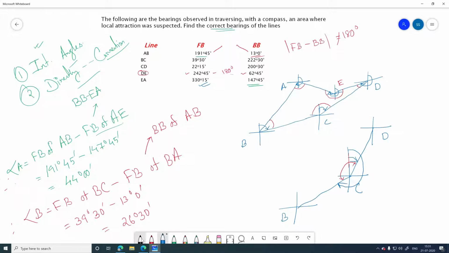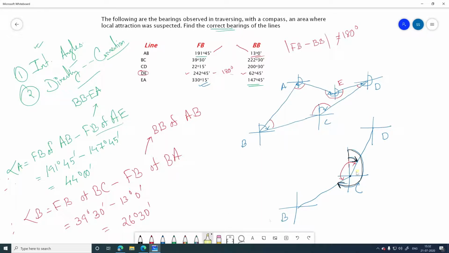Once more I am telling that, look, you know this particular angle, and that is nothing but forebearing of CD, and this angle is total angle, that means from here to here, this angle is forebearing of CB. So if you subtract this small angle from this forebearing of CB, definitely you will get the interior one.